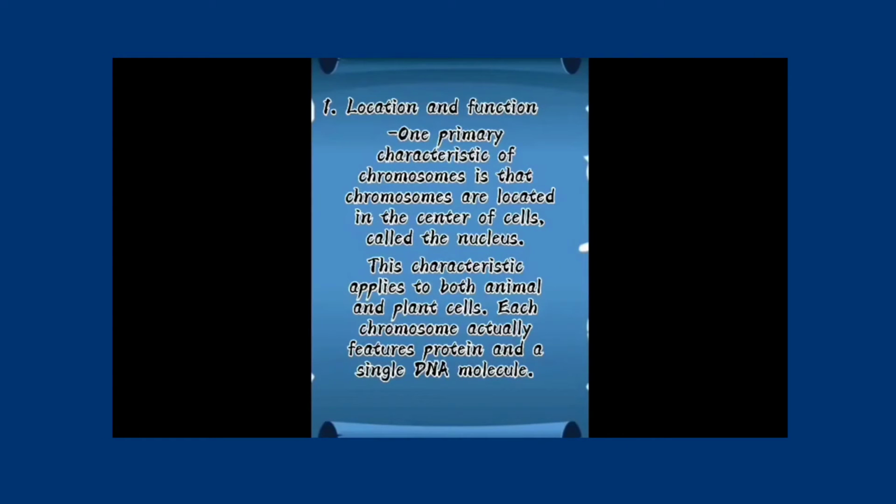The first characteristic of a chromosome is the location and function. One primary characteristic of chromosomes is that they are located in the center of cells, called the nucleus. This characteristic applies to both animal and plant cells. Each chromosome actually features protein and a single DNA molecule.